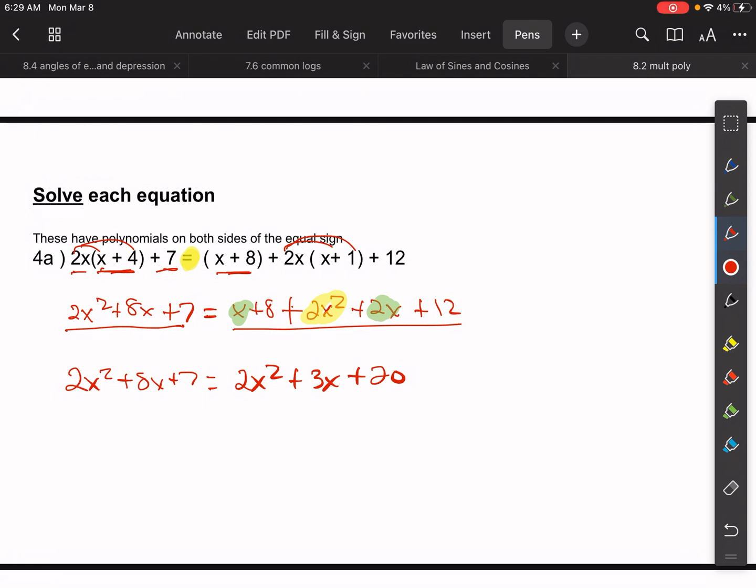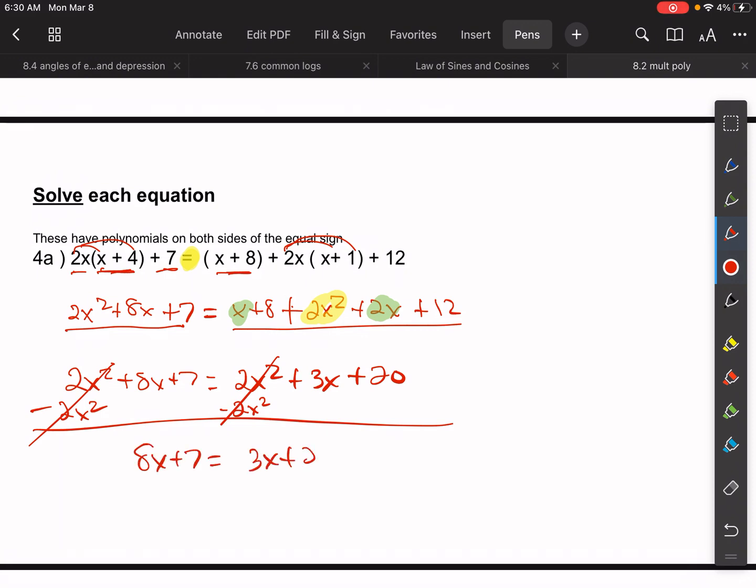Okay, now that I've combined everything together on its own side of the equal sign, now I can go across the equal sign. Okay, so if I wanted to combine my x squareds, I can subtract them from both sides. And when I do that, they actually both go away. So I'm left with 8x plus 7 equals 3x plus 20.